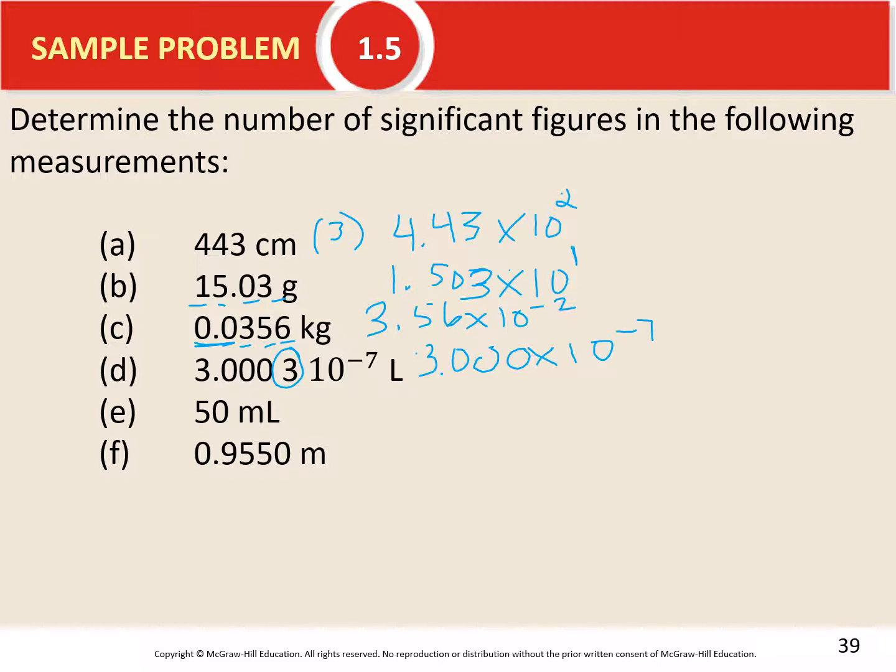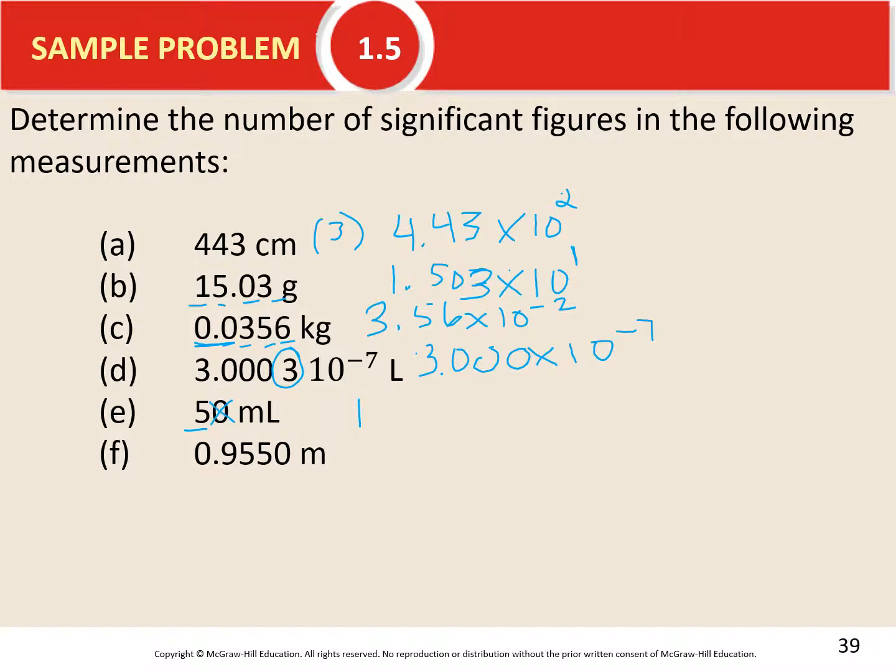Letter E, we would not write in scientific notation. My rule of thumb is any number that has 4 digits or less, regardless of decimals, we just leave as is. Anything that has more than 4 digits, go ahead and put into scientific notation. So letter E, we can say has 1 sig fig, and that's the 5.